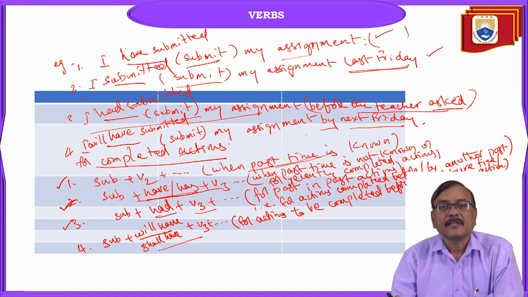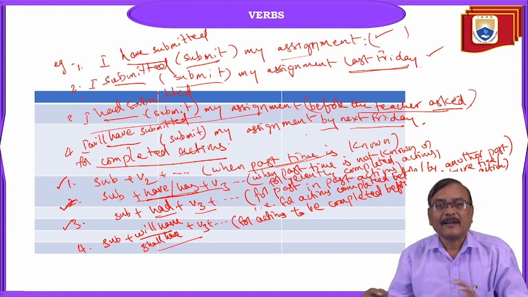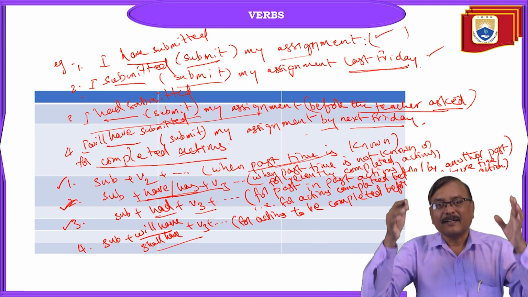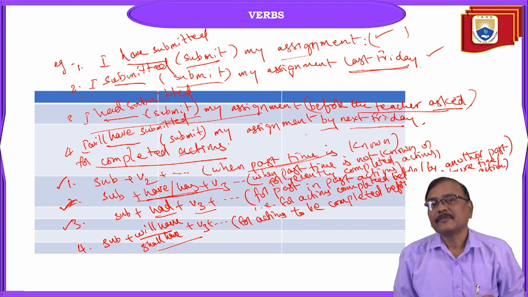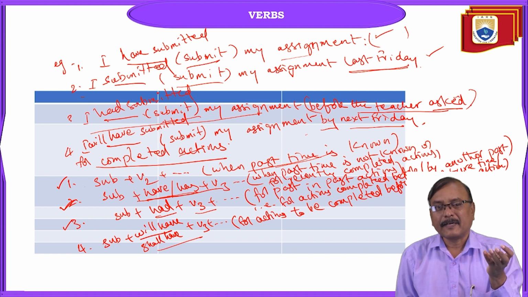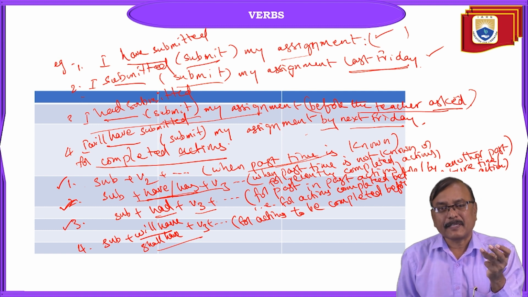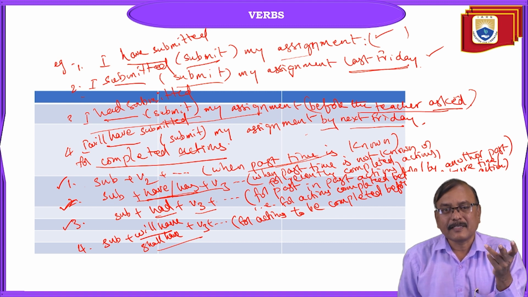Don't get confused here. Don't mix all the tenses in the traditional way. Generally in the traditional way, you practice tenses like simple present, present continuous, present perfect continuous, then simple past, past continuous, past perfect continuous.